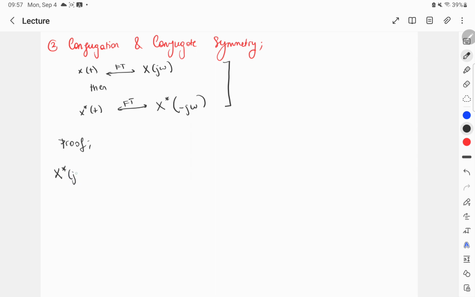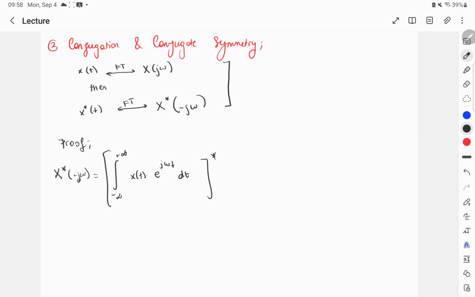X star (jw) equals... now let me write x star (minus jw) equals the conjugate value of this property over here, and let me write it here like this.